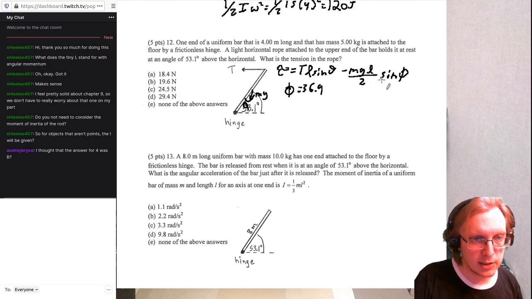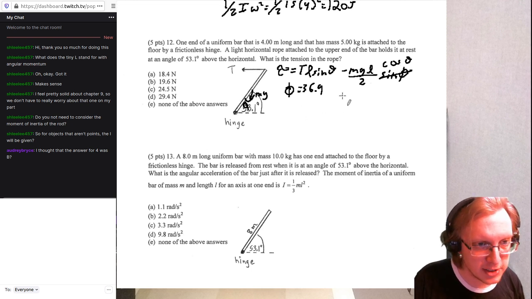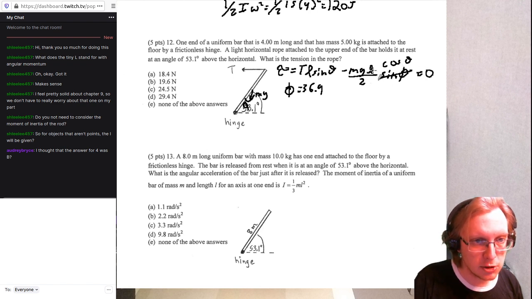Or we can rewrite this so that we have cosine of theta. That'll make life easier if we just use cosine theta, so I shall. This is all equal to 0. So L cancels out. Divide to the other side.